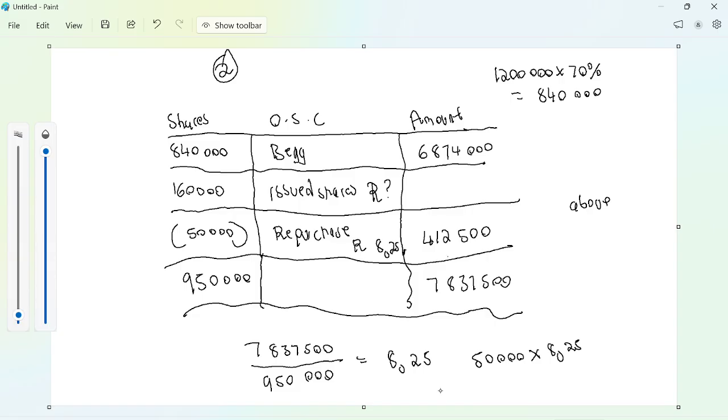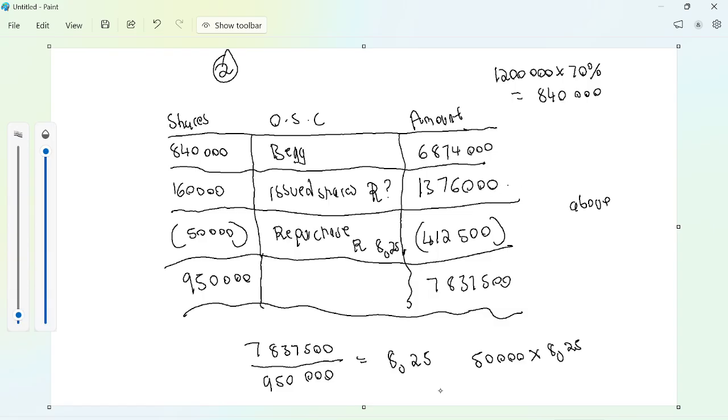And then what about my additional shares issue? Remember, this reduces the value of the shares. So I'm going to say this plus this minus this: 7,837,500 plus 412,500 minus 6,874, which gives 137.